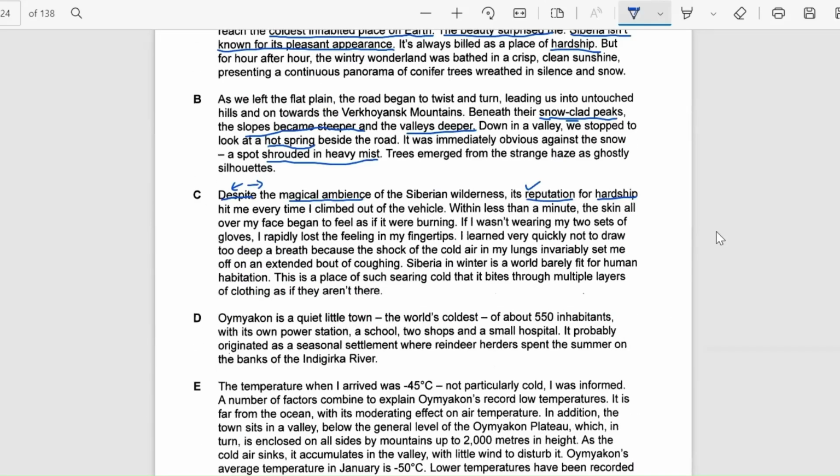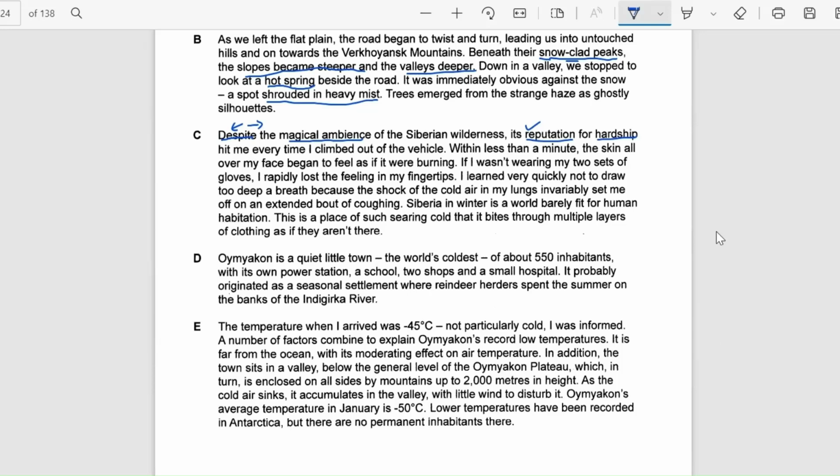All right, fine. Now, let's move to the later part of the paragraph and see that hardship hit me every time that I climbed out of the vehicle. So now he's saying that every time he moved out of the vehicle, there was some problem he faced. Okay. And what was this problem? He's talking about the skin on the face seeming as if it was burning.